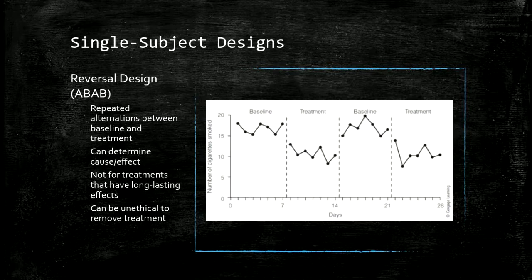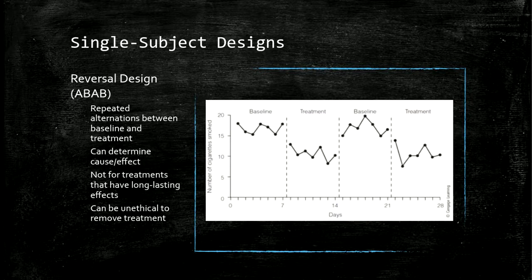Now, this does not work with treatments that have long-lasting effects. You have to be able to remove the treatment in order to determine whether or not that treatment is effective. In some cases, if the treatment has a long-lasting effect, you cannot remove it and expect the behavior to go back to baseline. So let's say you were testing the effectiveness of some particular drug, but that drug stays in your system for 30 days.